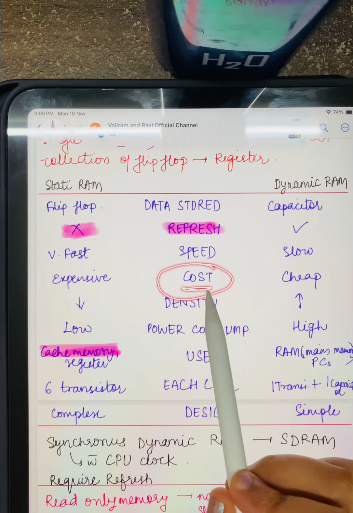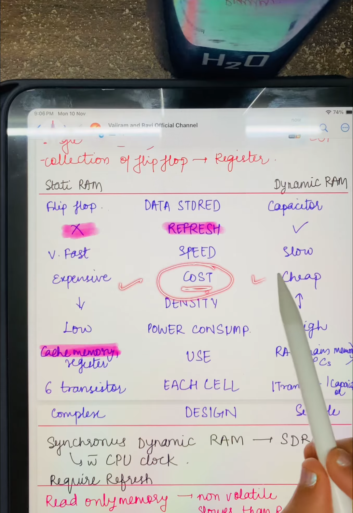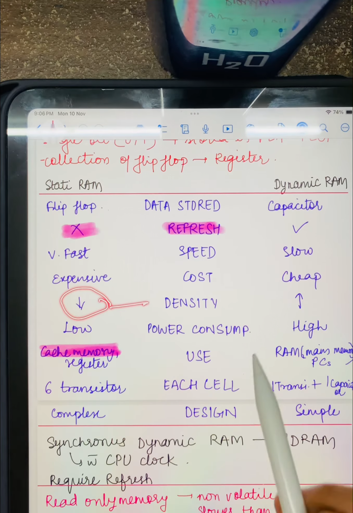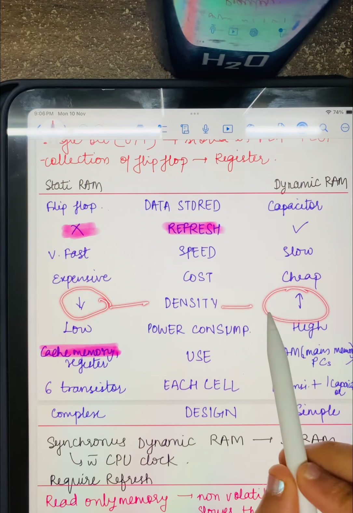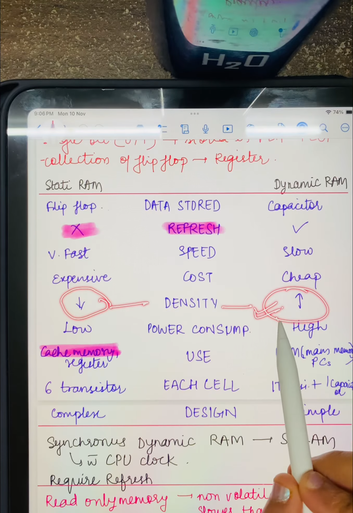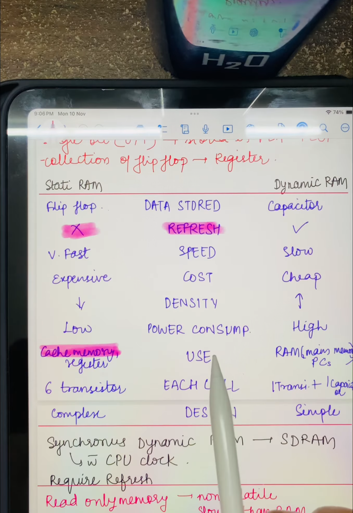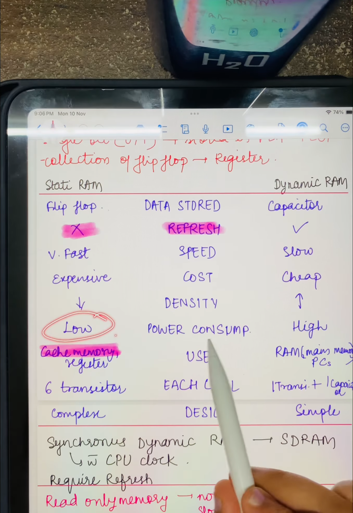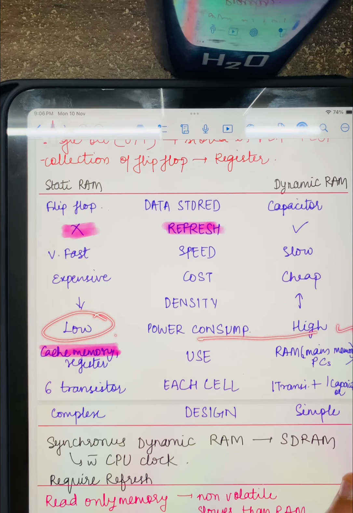On the basis of cost, static RAM is expensive. Dynamic RAM is cheap. Density: static RAM has low density and dynamic RAM has high density. Power consumption: static RAM has low power consumption and dynamic RAM has high power consumption.